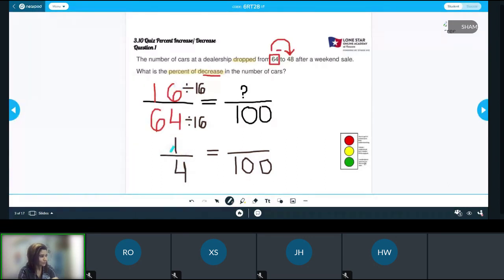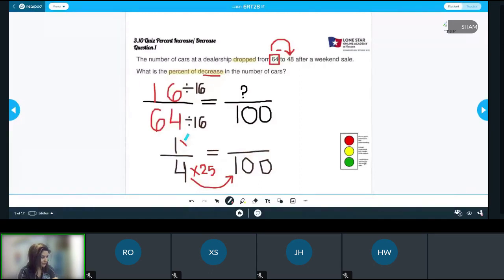16 divided by 16 is 1. 64 divided by 16 is 4. Then you can change it to a percent. From 4 to 100 is how many times? 25 times, right? 25 times 4 is 100. Everybody agree so far?